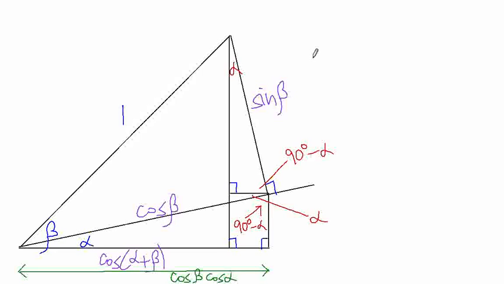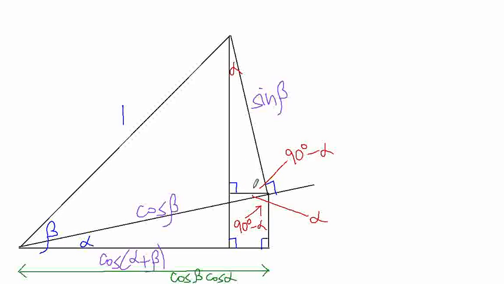Okay, so now I'd like to focus on the right triangle in the upper right that has a hypotenuse of length sine of beta and an angle of measure alpha.